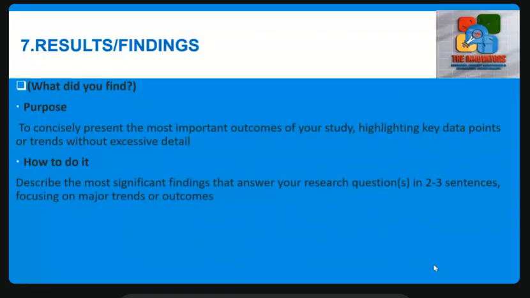How to do it? We should describe the most significant findings that answer the research question or the research objective in 2 to 3 sentences, focusing on the major trend or the major outcome of our study.